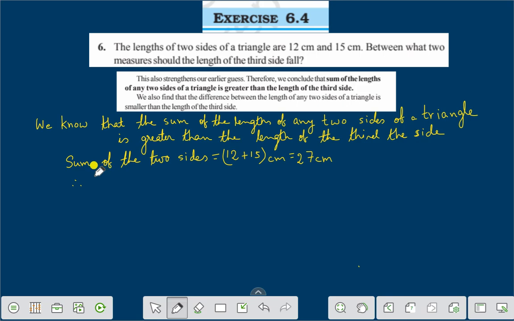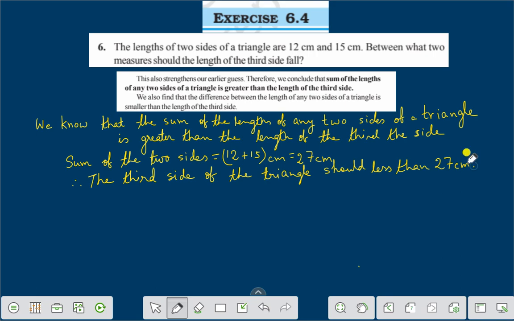Therefore, the third side of the triangle should be less than 27 centimeter, right?